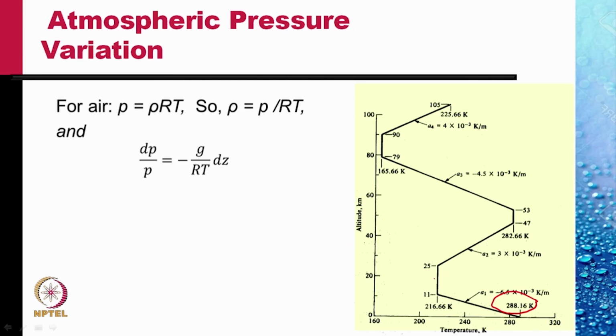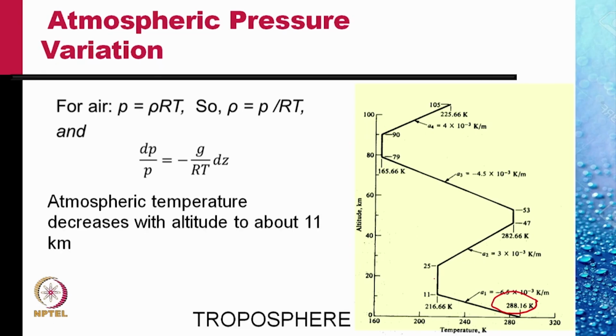This atmosphere up to 11 kilometers is called troposphere. This is the band of atmosphere in which most of the weather activity is confined. Above that, up to a level of 25 kilometers, the temperature remains constant. Then the temperature starts increasing. The layer immediately above the troposphere is called the tropopause.